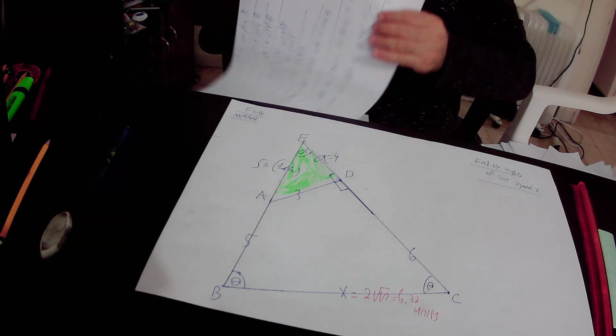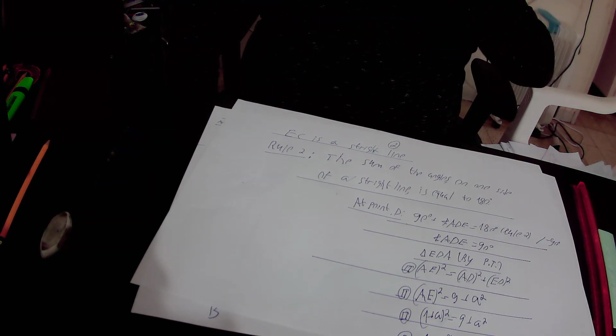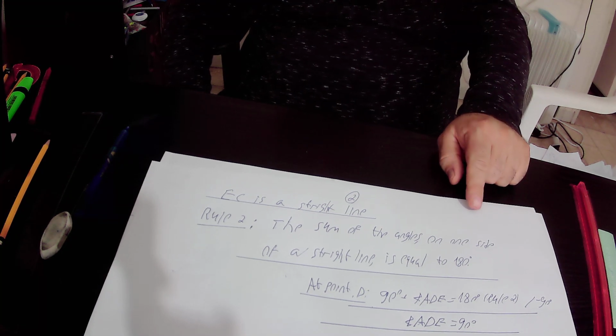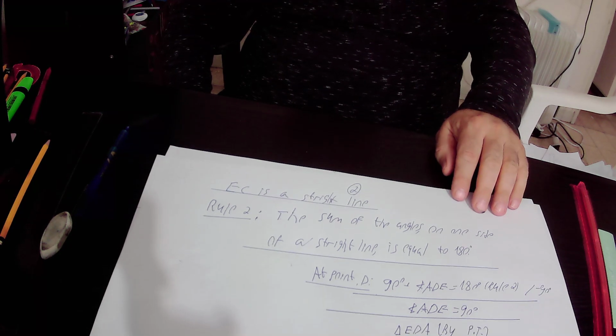Okay? So here EC is a straight line, and we also have rule number 2, that the sum of the angles on one side of a straight line is equal to 180 degrees.